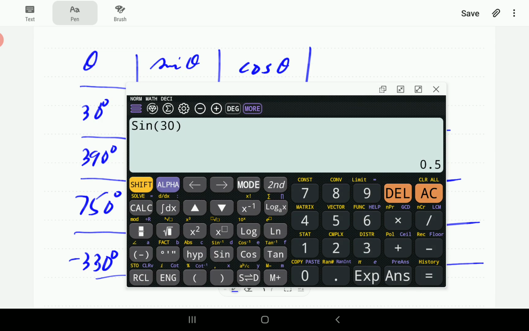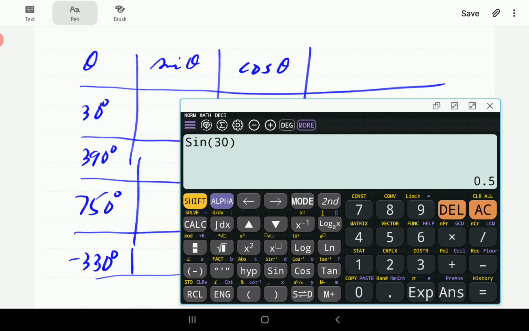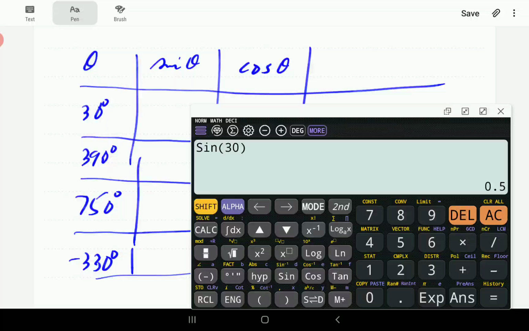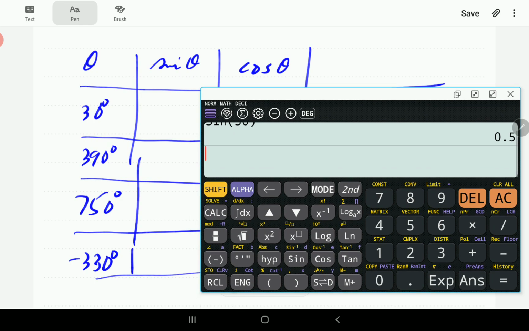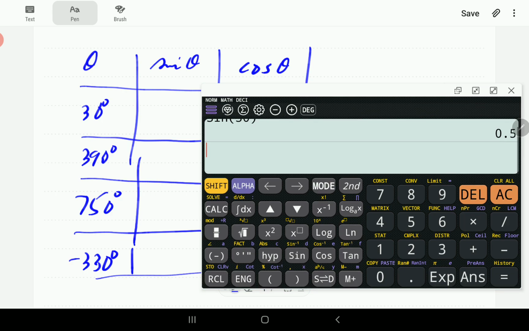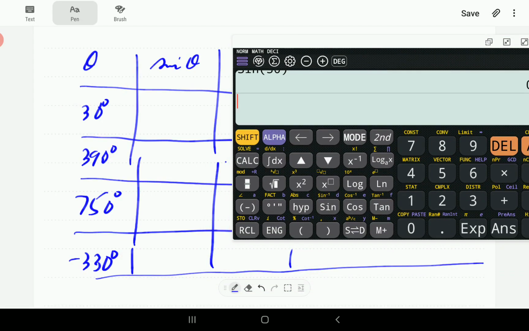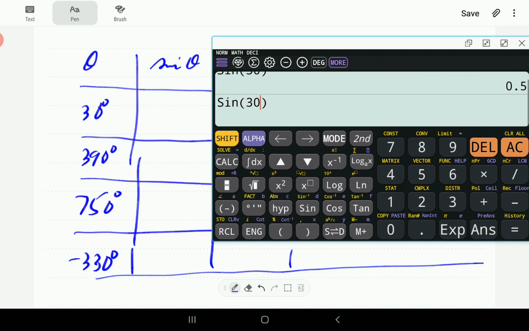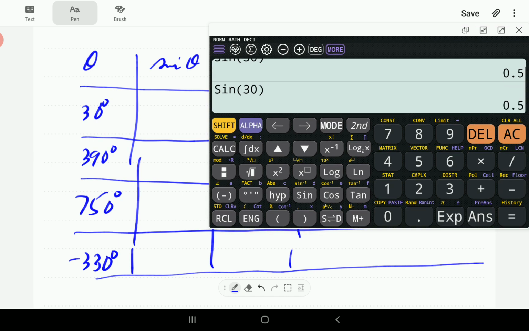We're going to start with sine 30. Of course, we first make sure that the calculator is in the right mode, so it needs to be in the degrees mode. So sine 30, equals 0.5.